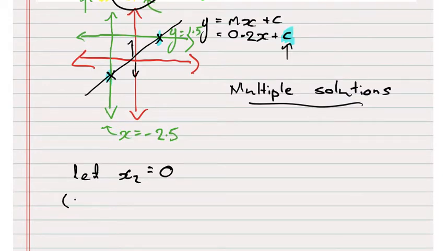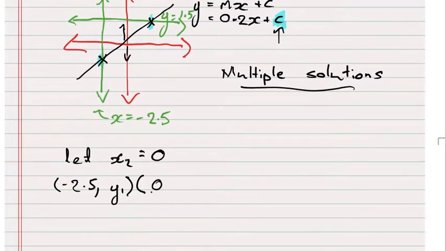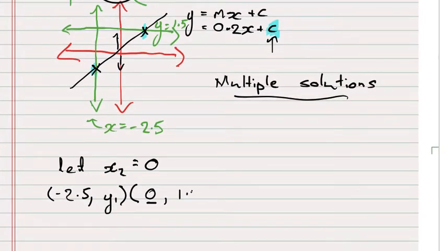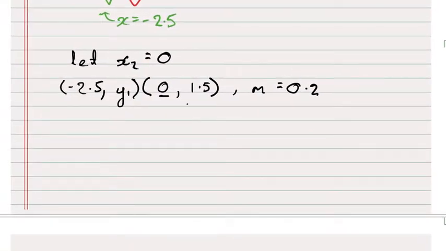So we've still got negative 2.5 and y1. And then we've got 0 because we replace the x2 there with 0 here. And then it's 1.5. And that has a gradient of 0.2. So awesome, going downwards. How can we find the equation of this?